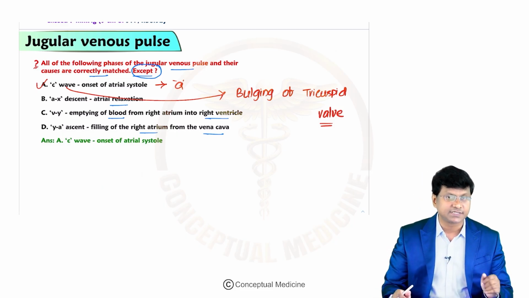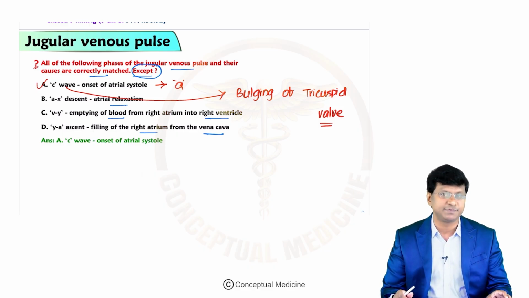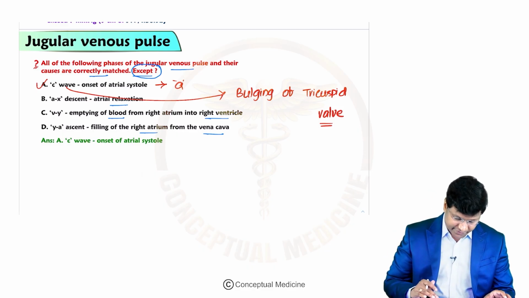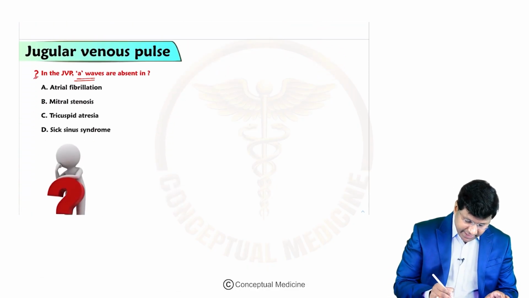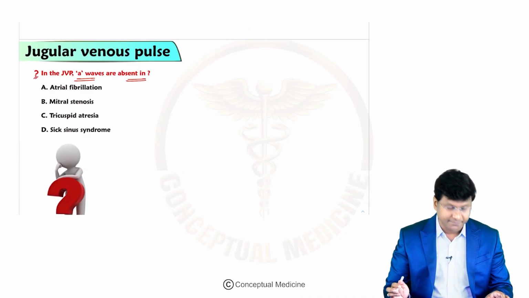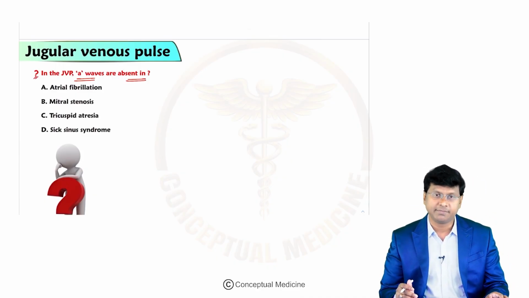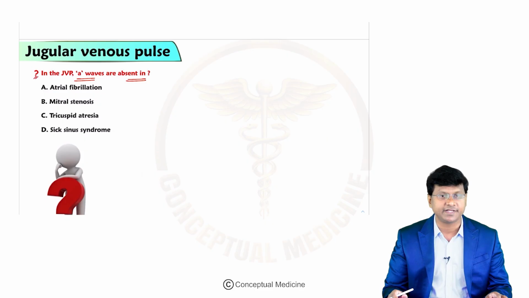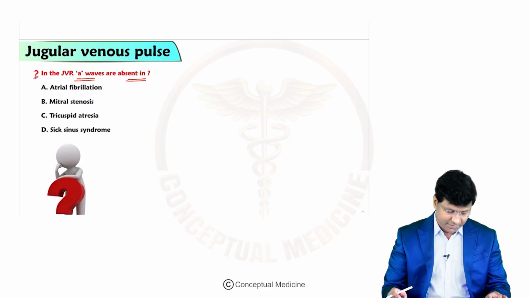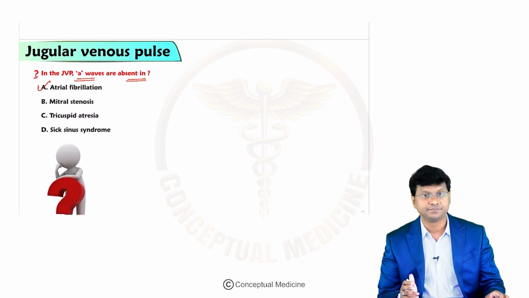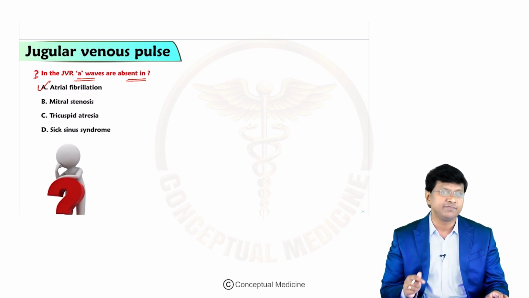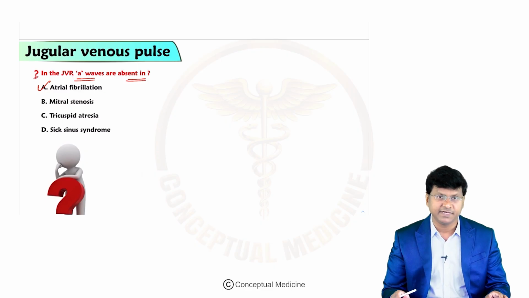Now let me discuss the abnormalities of this particular JVP. If you see the question here, in the JVP, A waves are absent in atrial fibrillation, mitral stenosis, tricuspid atresia, sick sinus syndrome. So the answer in this question is atrial fibrillation. Now why is there an absent A wave in atrial fibrillation? Let me discuss.